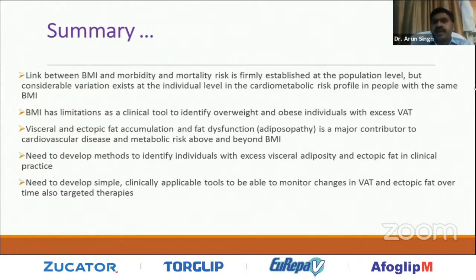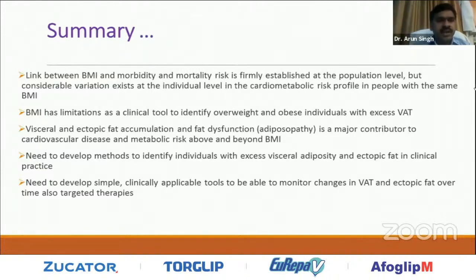That puts the patient at cardiometabolic risk, even at a lower BMI, so there are unhealthy normal weight people. With more visceral adiposity comes higher risk, so BMI has limitations as a clinical tool to identify overweight and obese individuals who have excess visceral adipose tissue but normal body weight and normal BMI. That is a problem with BMI.